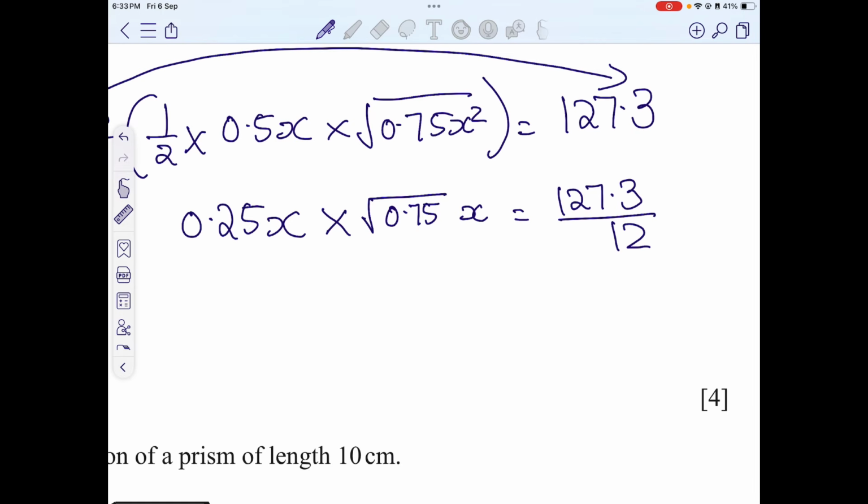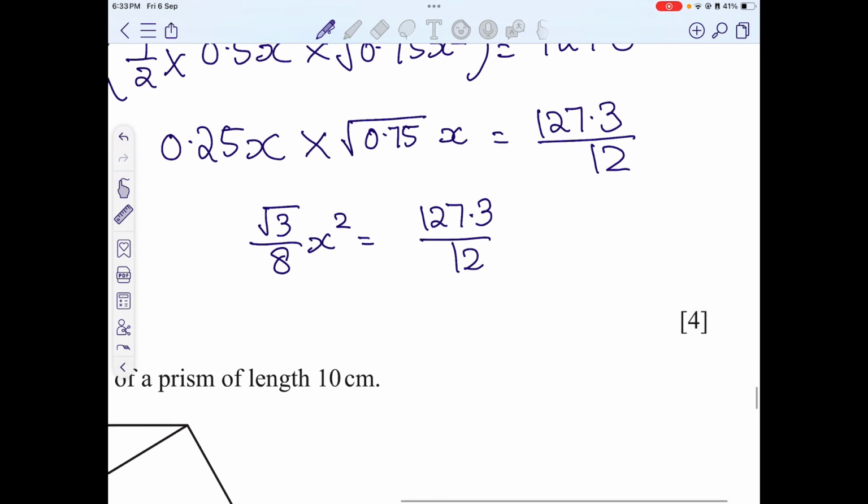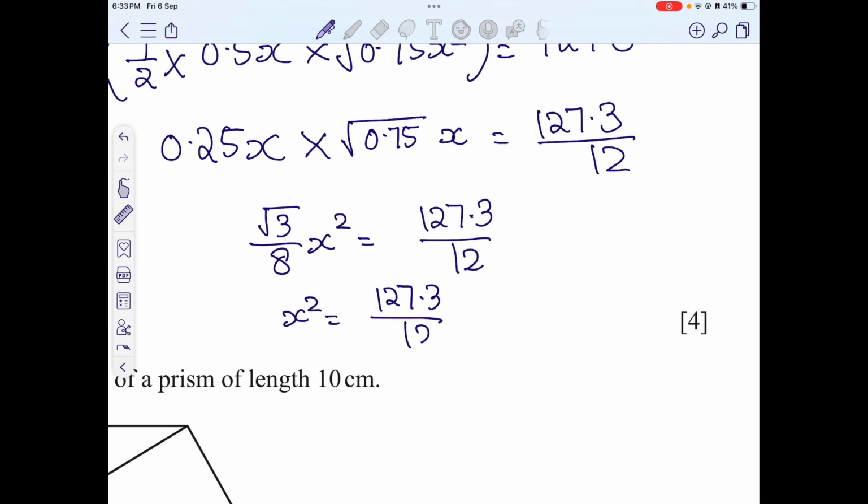Using a calculator, 0.25 into root of 0.75 is basically root 3 divided by 8, so root 3 over 8 x squared equals 127.3 divided by 12. If I want to find x squared now, I would simply divide this whole fraction on the other side: 127.3 divided by 12, divided by root 3 divided by 8.